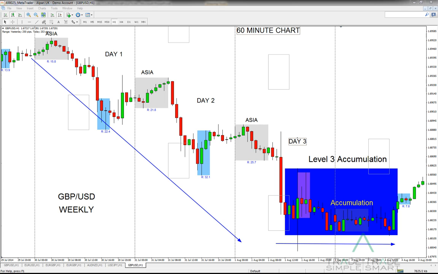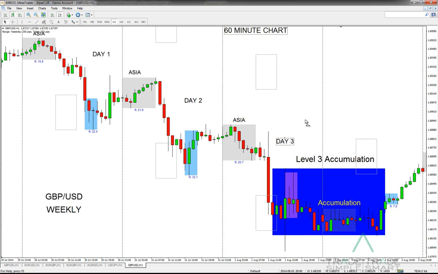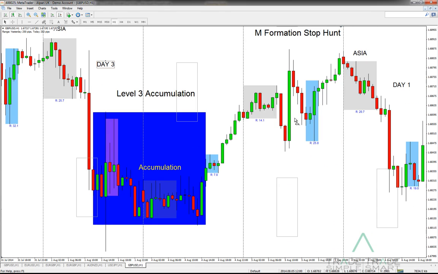And the accumulation in this example lasts for a period of 2 days, and once the accumulation has taken place and smart money have built their orders for the next cycle, we see this manipulation take place, which is a move opposite to their intended direction.